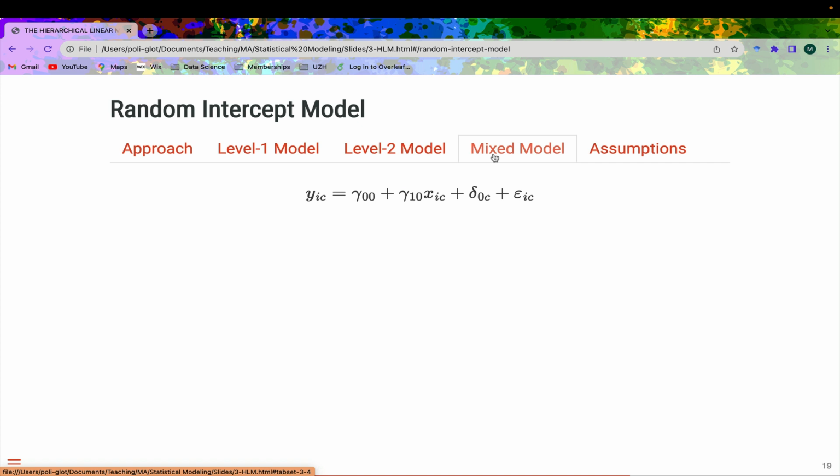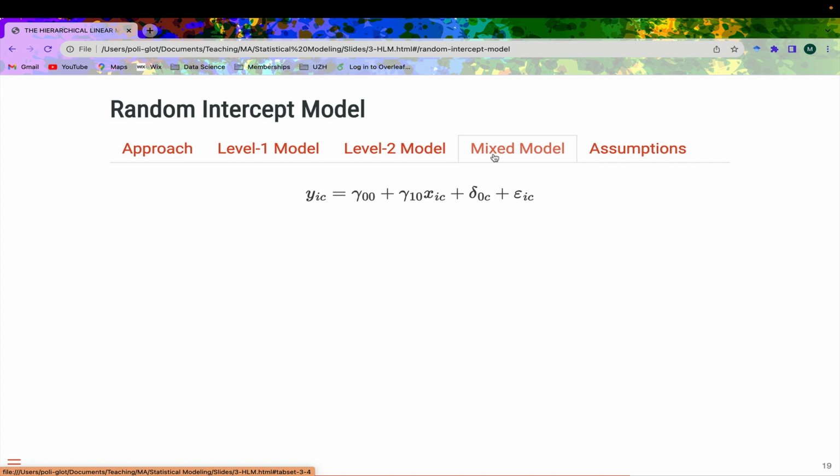The gammas here are called the fixed effects. They no longer have a subscript c unlike the betas. They are therefore constant, that is fixed, across units i and clusters, countries c.